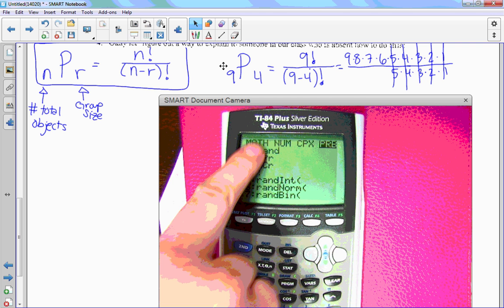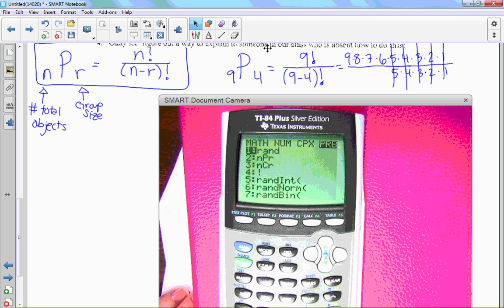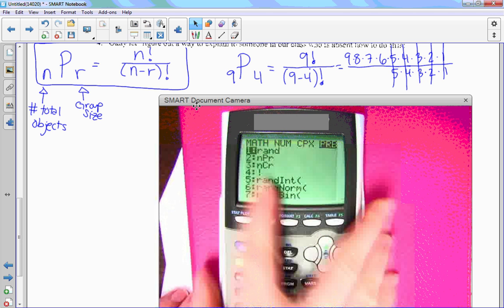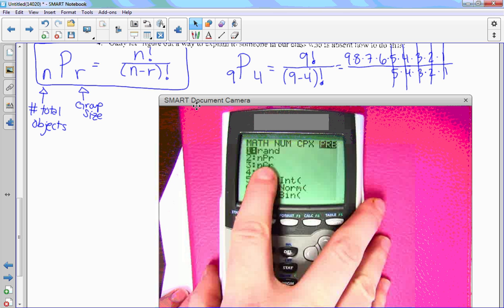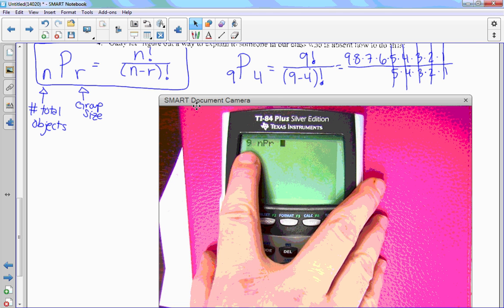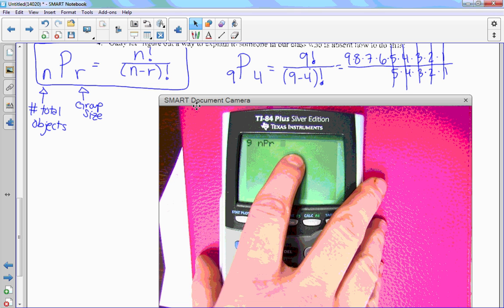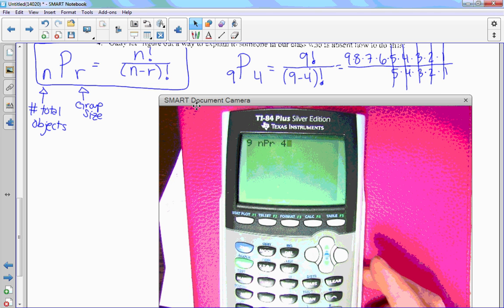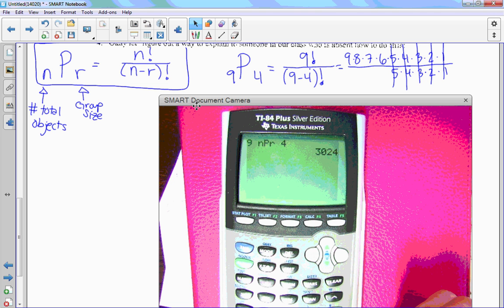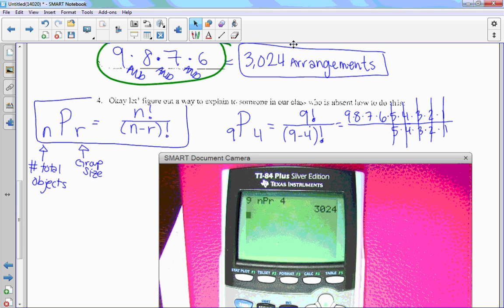Which one, though, do we want for our permutation or arrangement? Number 2, see nPr? So we said number 2. So now it says 9 permute. How many do we want in our group? 4 in our arrangement. Okay, and did we get the same answer we got before at the bottom? Yeah, 3,024. That's a quick way to do it with your calculator.